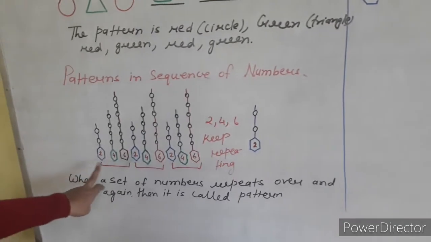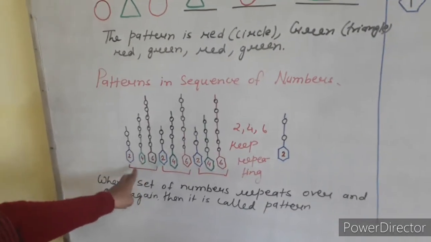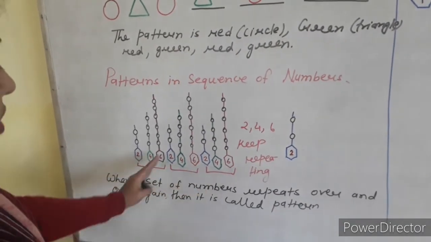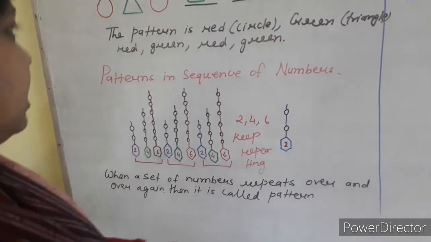Here this 2, 4, 6 is one set of numbers, and this set will repeat again and again. That is also called a pattern.